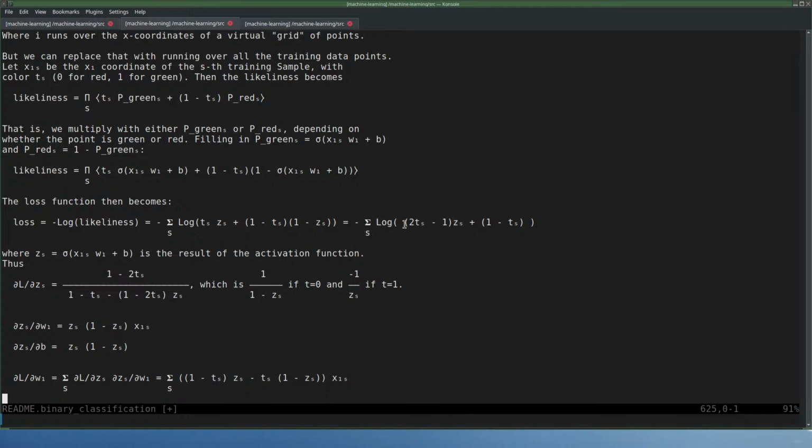So this is where we came from, but in the end you might as well use something else because the derivative is the same. Did I say that correctly? Yep.